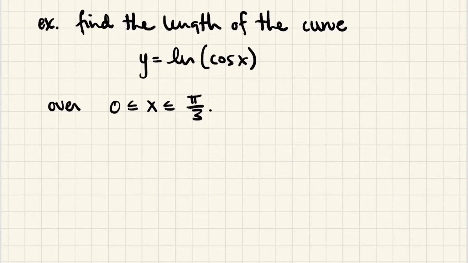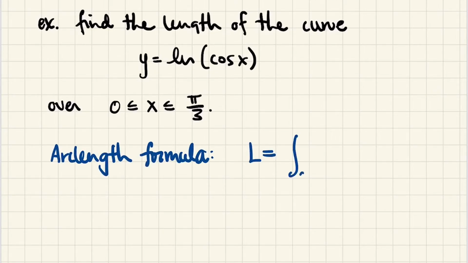So this is pretty relevant. So let's use the arc length formula. So clearly this is a function of x, and our bounds are x values, so we're integrating with respect to x, which means that it's the derivative of y with respect to x that gets squared inside the integral here.